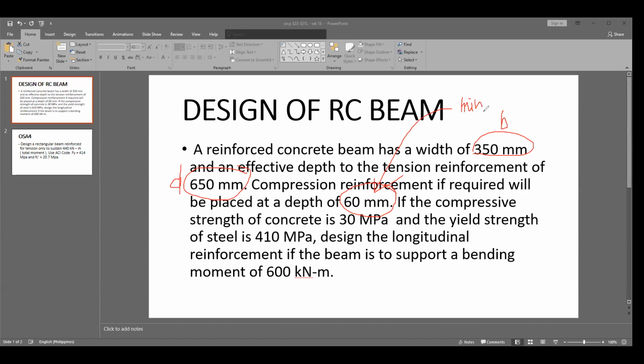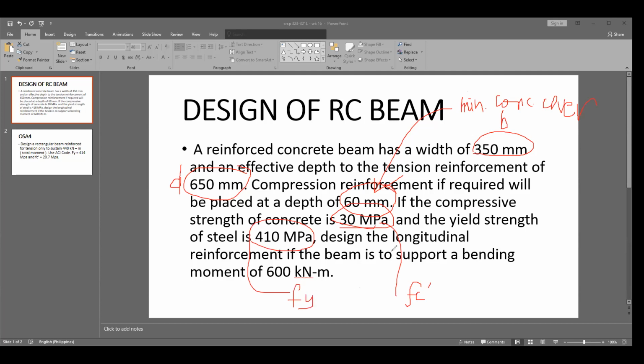That's the minimum concrete cover. And then you have 30 megapascal. This one is what you call f'c. And then the 410 megapascal, this is what we call fy.